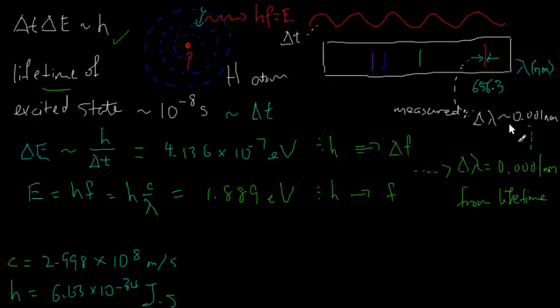It's large enough to cause this amount of the measured value of the wavelength range. So this estimation from the lifetime has itself been confirmed independently by other types of measurements.